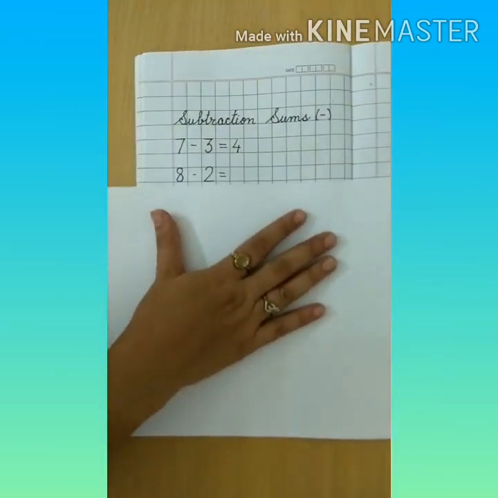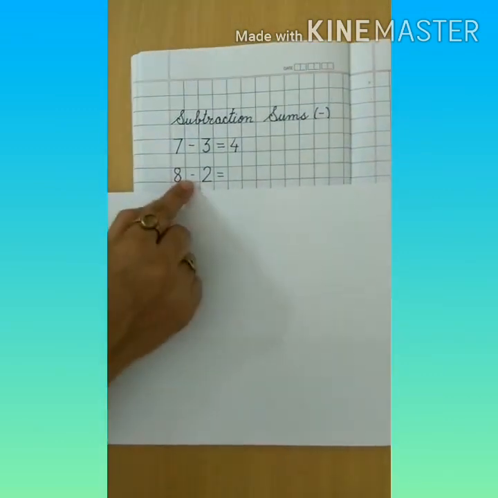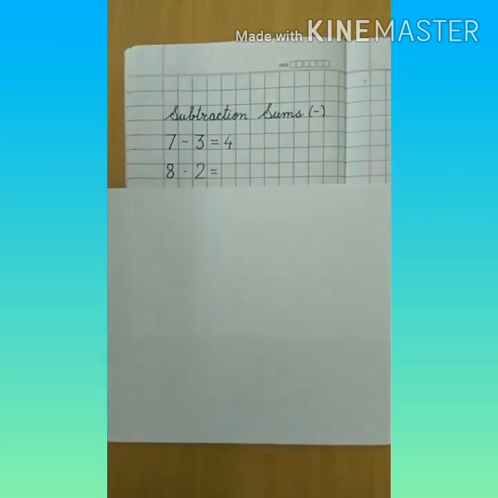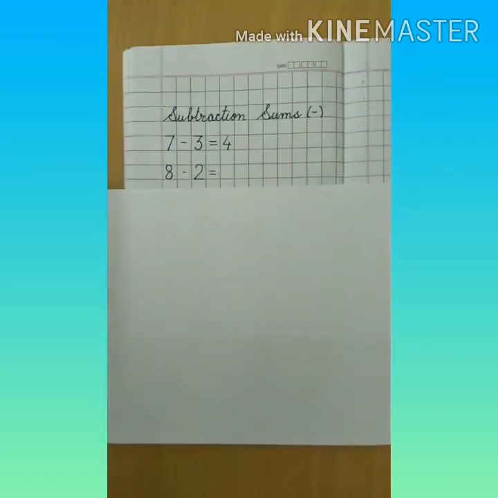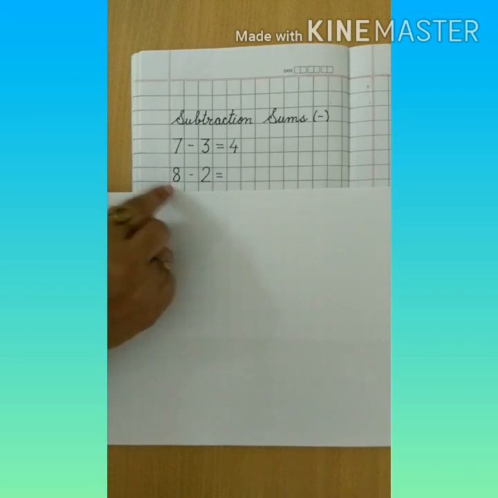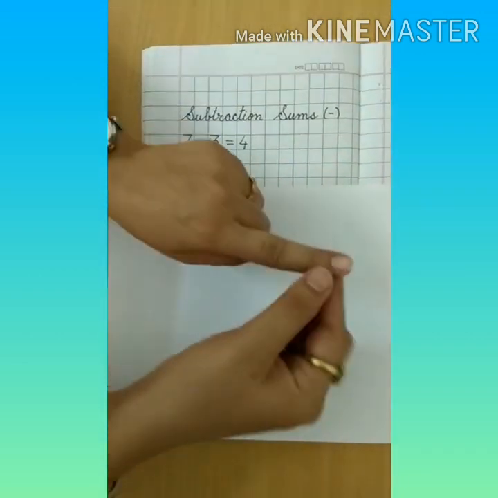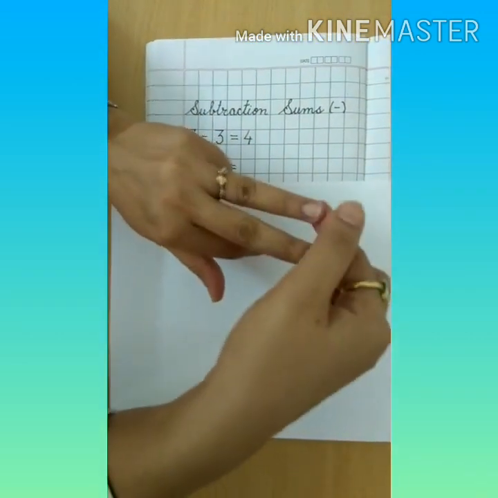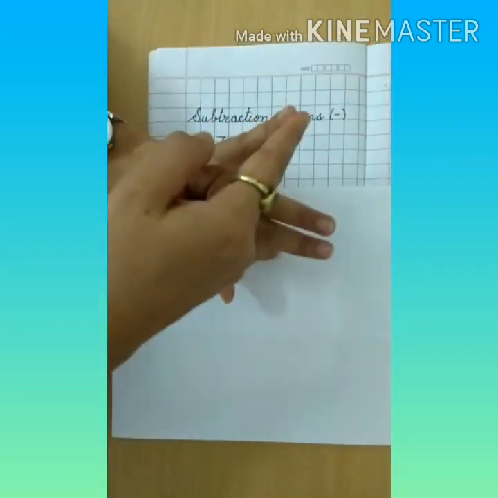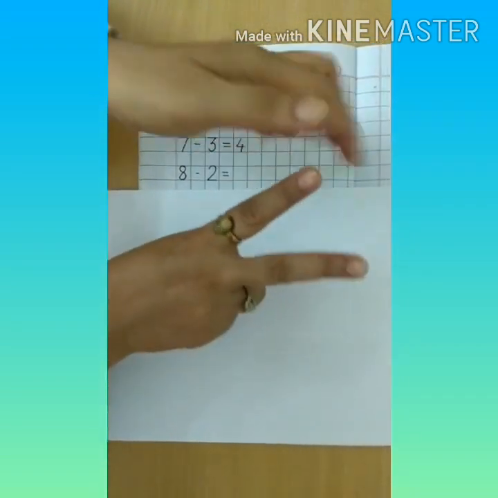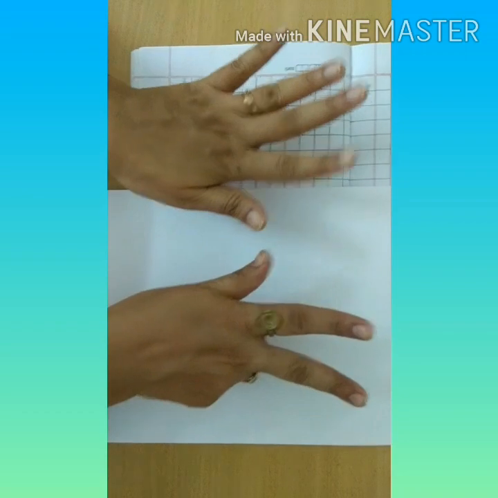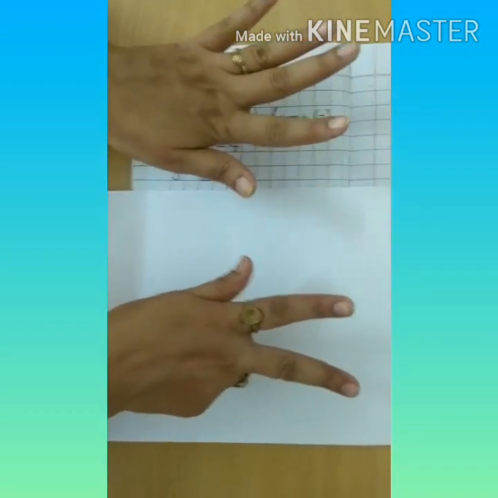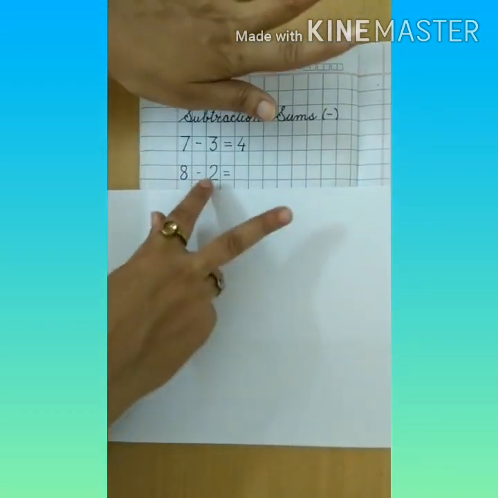Next, write down 8 minus 2 is equal to. Students, first we will raise our 8 fingers. 1, 2, 3, 4, 5, 6, 7, 8. How many fingers are there? 8. And we have to subtract 2.